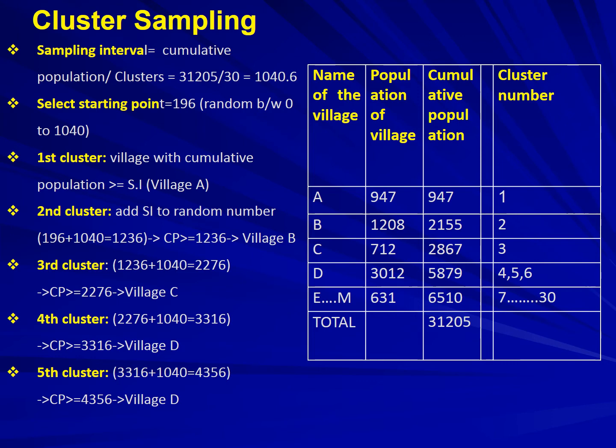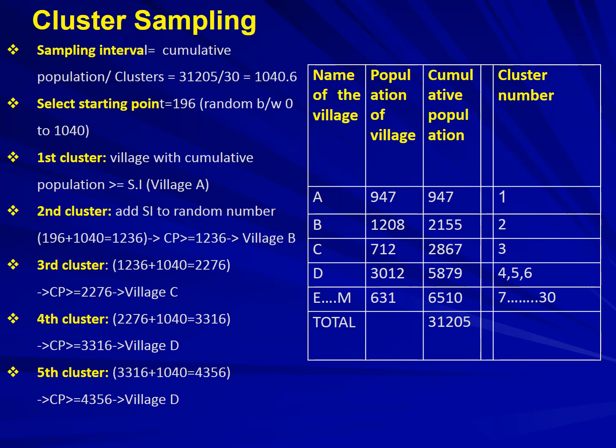Again look at the third column of the cumulative population. Village B has a cumulative population of 2155, which is more than 1236. So village B will be our second cluster. Now let's see how to select the third cluster. Again, take the previous number, 1236, plus 1040, the sampling interval, which is constant each time.